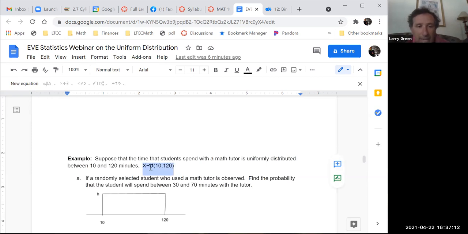Next week, we're going to have some similar things, except instead of U, we're going to have an N. Any guess on what N might stand for next week? The hint is it's not going to be a uniform distribution, it's going to be the important one. Any thoughts on what N might stand for?